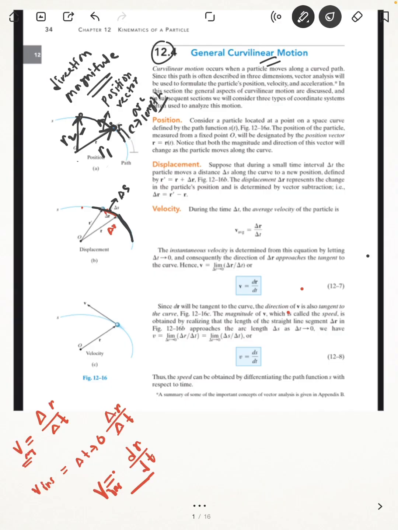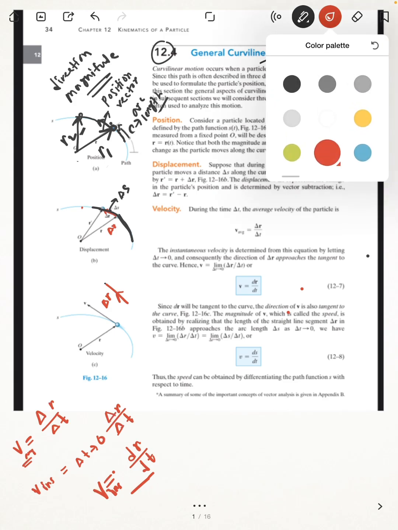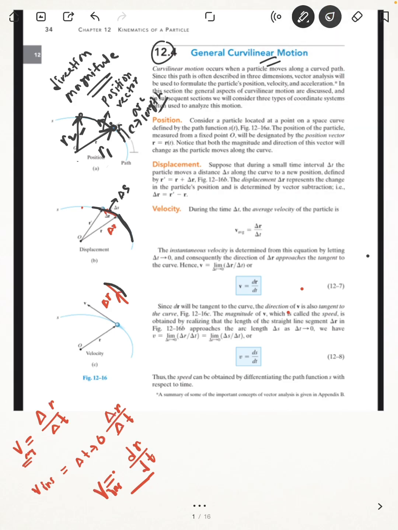So this will be your del r, and along this curve, the length should be del s. How did you determine the average velocity and the instantaneous velocity? We took the time derivative of del r by del t, or dr by dt. That is basically the velocity.